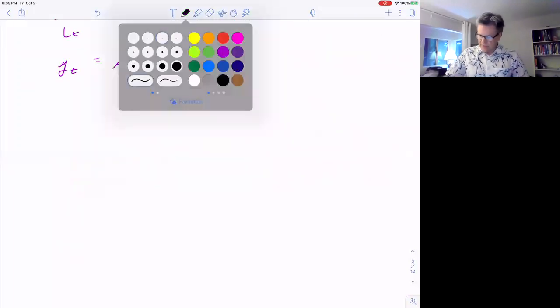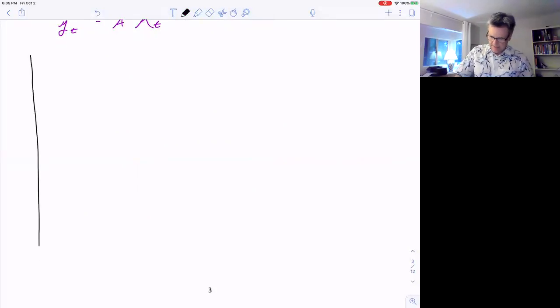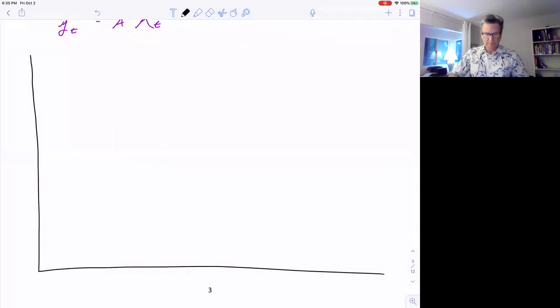So if we graph this, we'll put Y t over L t on the vertical axis, which is little y t, which is productivity. How much output is done by workers. And on the horizontal axis, we're going to have the capital labor ratio at time t. So little k sub t.